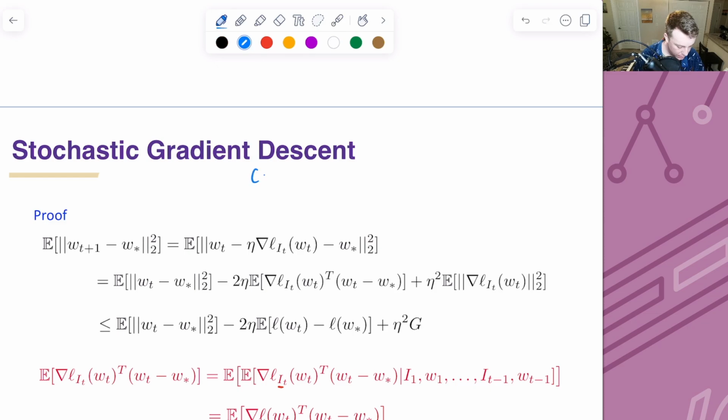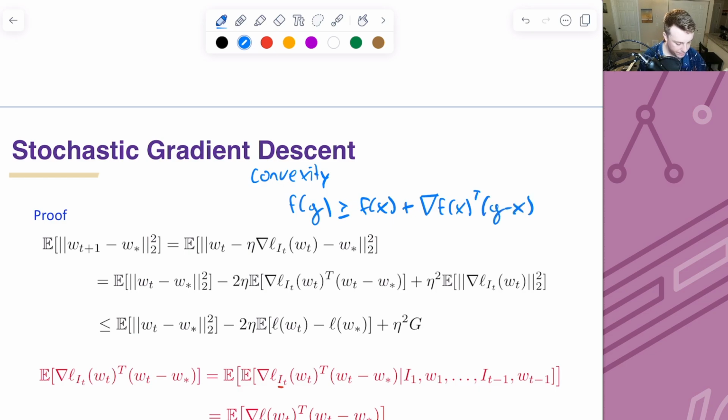convexity says that f of y, for some point y, is greater than or equal to f of x plus the gradient of f at x transpose times y minus x.